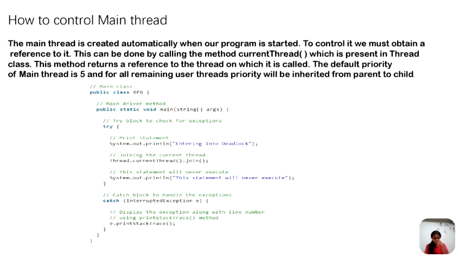This statement will never execute: that is System.out.println, a statement given to execute. A catch block to handle the exceptions. Display the exception along with the line number using the printStackTrace method. We use the printStackTrace method for printing the stack. This is how we control the main thread.